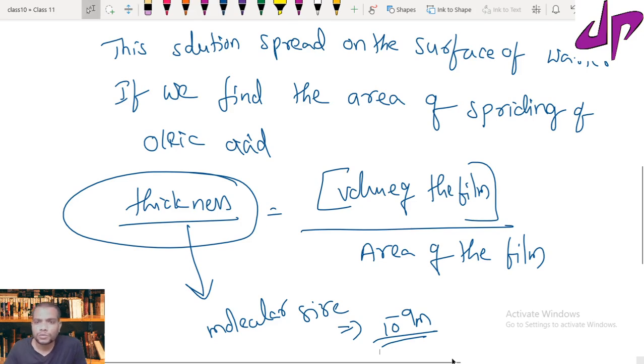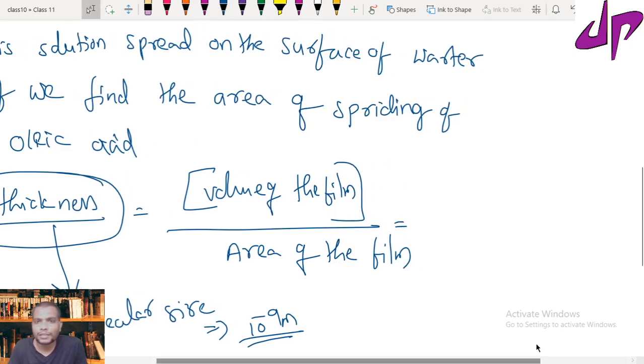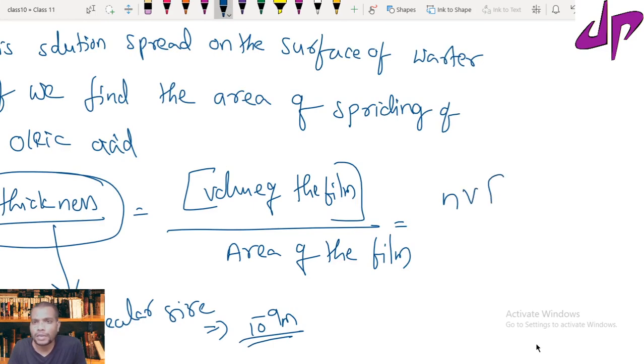If we substitute the above components in this expression, for the thickness we get the volume of the drops, so n times v times 1 over 20, upon 20 centimeter cube, upon area.